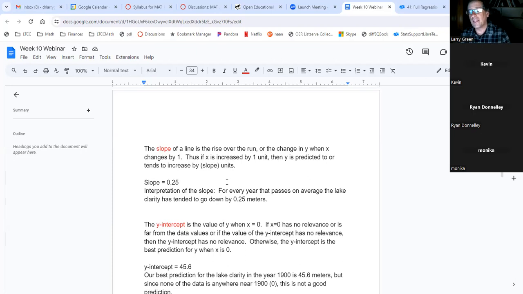So for example, in your discussion posts, do not do anything where they use more than one variable, because that's not what we're talking about. Make sure that you have something that truly shows regression analysis for a y versus an x instead of a y versus many x's. Okay?